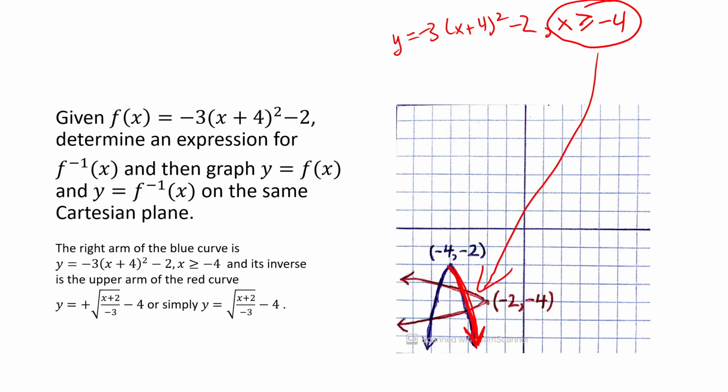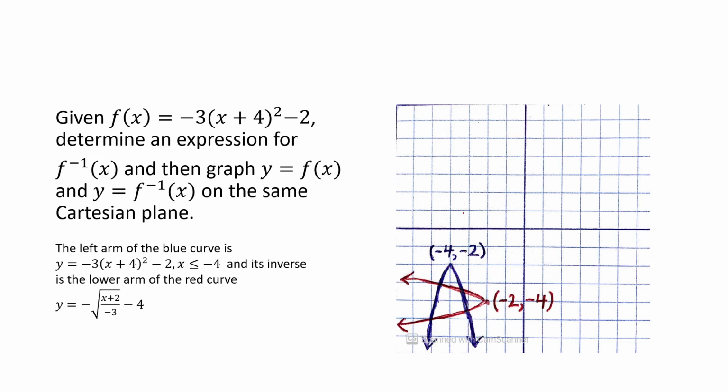opening downwards. Okay? But on the other hand, if you only want me to look at the left arm of that parabola opening downwards, then you would say y is negative 3 bracket x plus 4 quantity squared minus 2, and then you would say x must be less than or equal to negative 4. Well, what's interesting is if you say x is less than or equal to negative 4 and restrict the function so that it only has one arm, then when you determine its inverse, you must only put a negative in front of the square root.